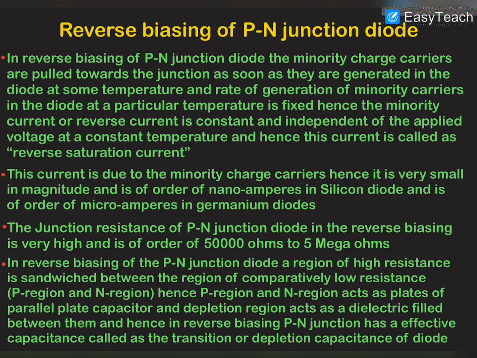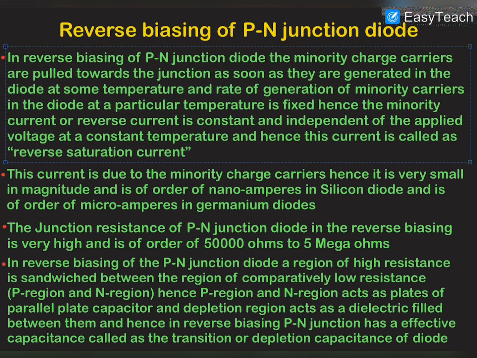And obviously at some constant temperature, the electrons and holes are getting created due to thermal agitation, and the rate of creation of electrons and holes at constant temperature is fixed. Therefore we can say that at constant temperature in reverse biasing, the current flowing through the PN junction diode is constant and is called the reverse saturation current.